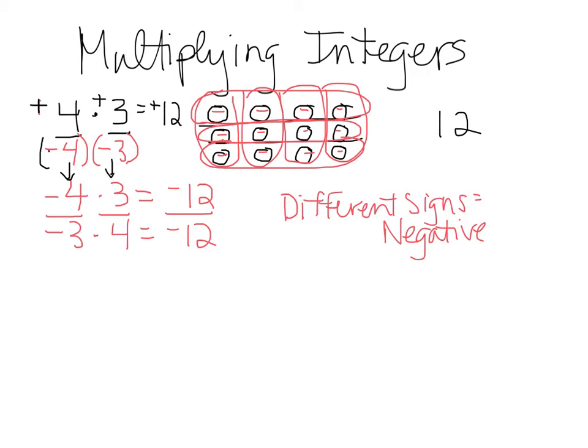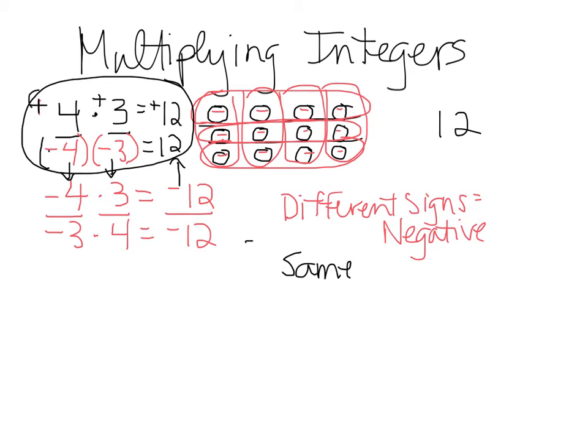The only thing that's different, I'm going to multiply it by the opposite. So it stands to reason that I would get the opposite of this answer. These examples show us that if I have the same signs, in other words, if they're both positive or both negative, it gives me a positive.